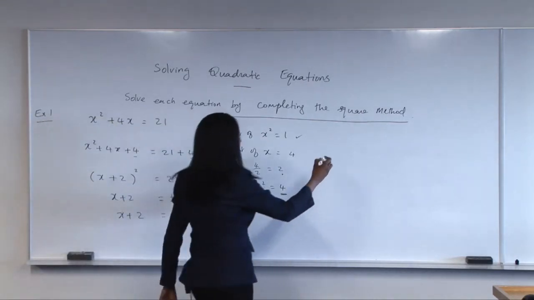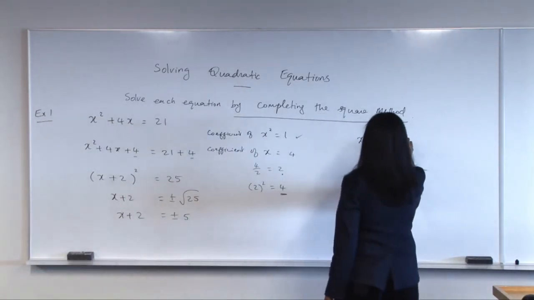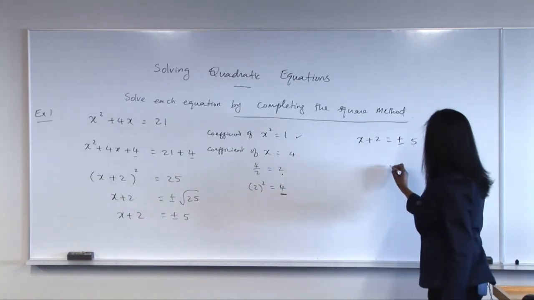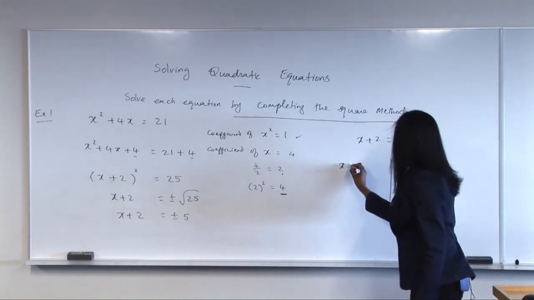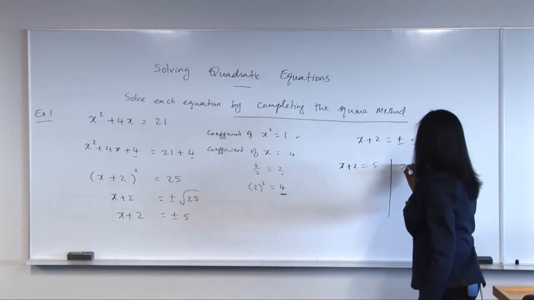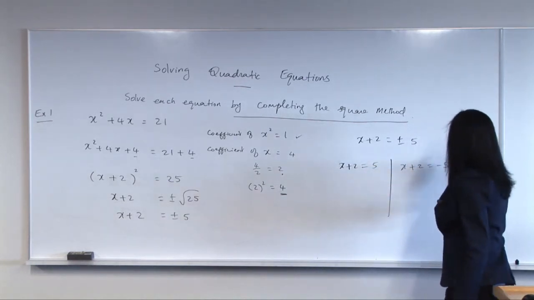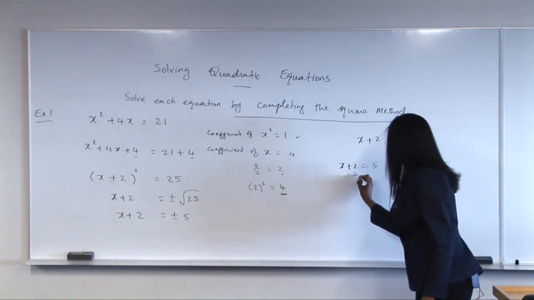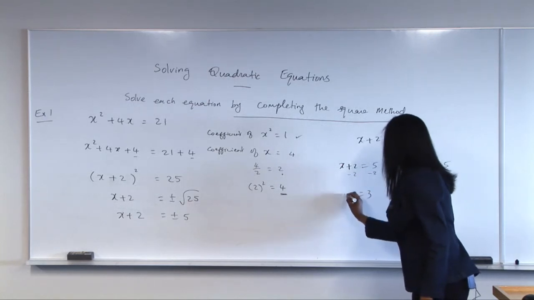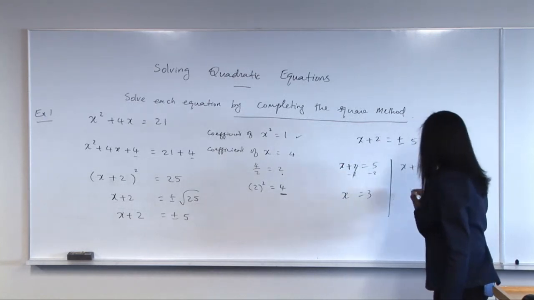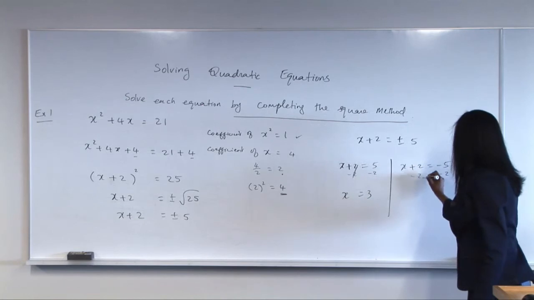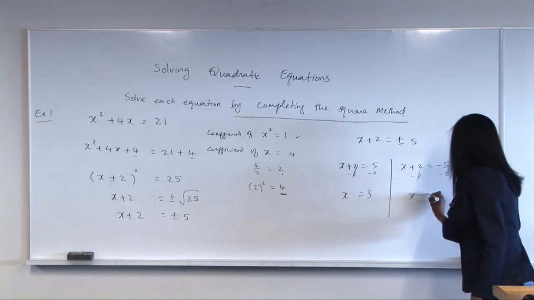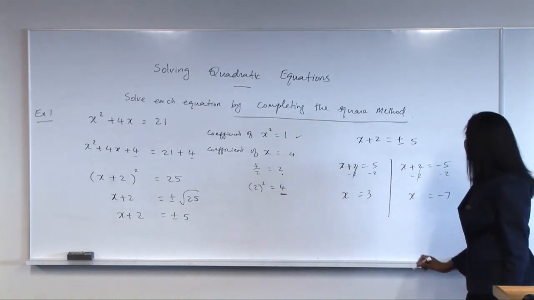So let me write it here. We have two numbers, positive 5 and negative 5. So x plus 2 is positive 5, and x plus 2 is negative 5. Now we can solve for x. Here we are solving for x, subtract 2. So x is equal to 3. And x is equal to negative 7.